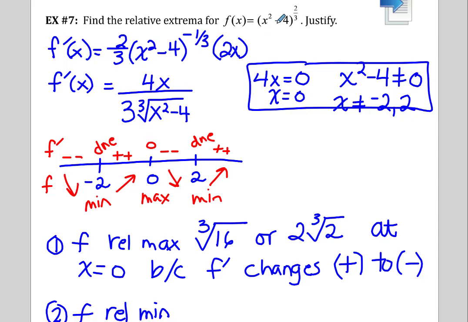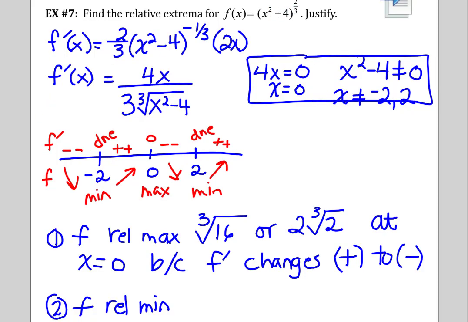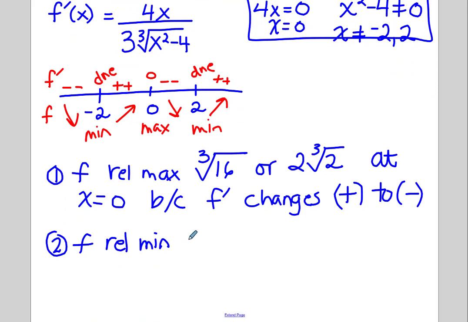We're going to plug in a 2. So we got 0 to the 2/3. So that's going to make our minimum 0. And that happens when either x is -2 or +2.